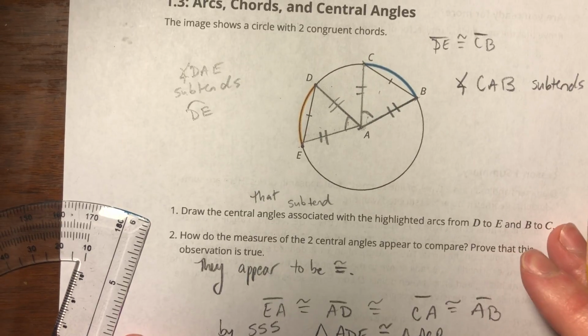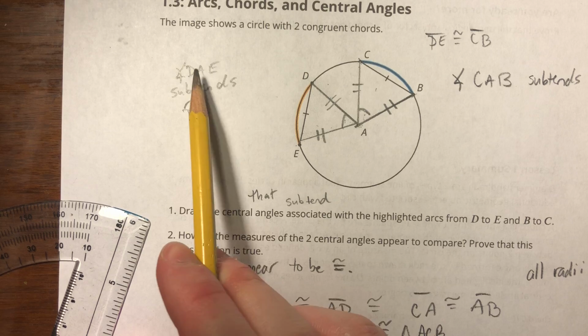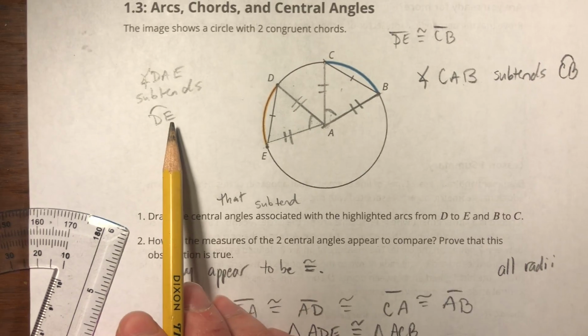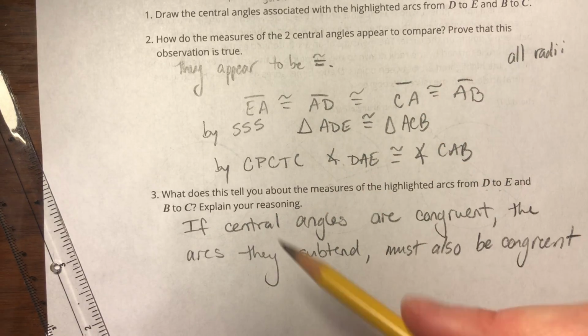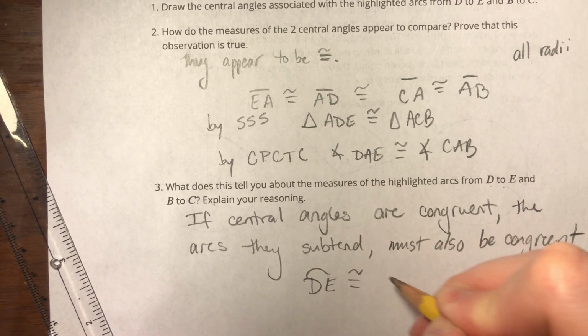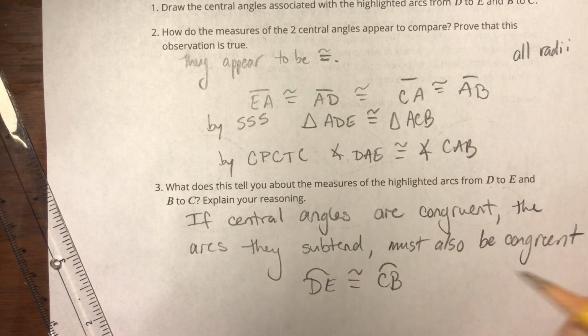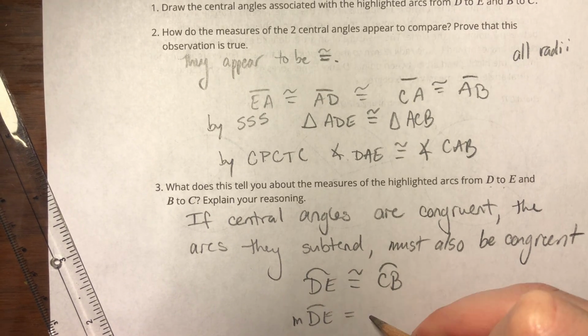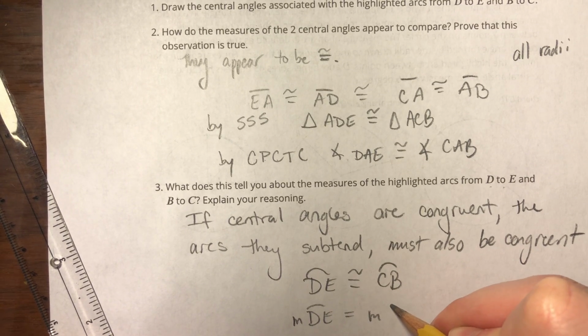In other words, DAE is congruent to CAB, so arc DE should be congruent to arc CB. Or I could also write the measure of arc DE is equal to the measure of arc CB.